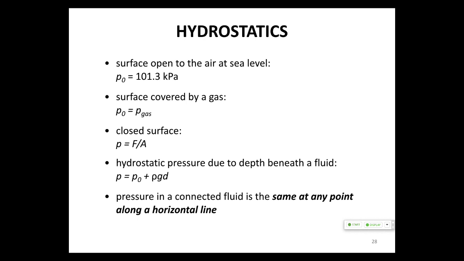I think because it goes nicely with the other SI units, but it's a lot harder to remember than 1. If the surface is covered by a gas, then your initial pressure is equal to the gas pressure. If the surface is covered by another fluid, your initial pressure is equal to that fluid's. Remember, pressure is defined as force over area. If you're at a depth beneath the fluid, the pressure is the pressure you start with at the top of the fluid plus the density of the fluid times g times the depth you are in the fluid.